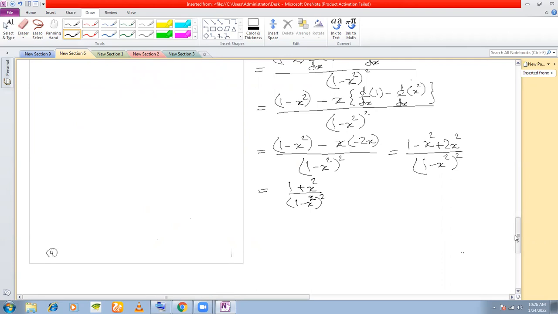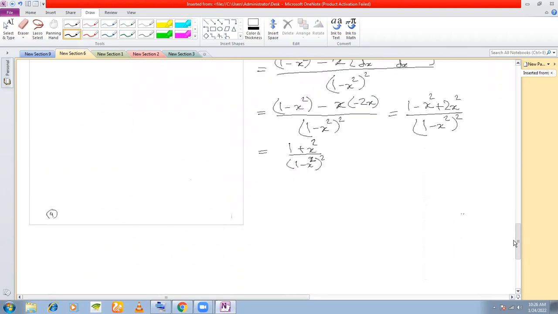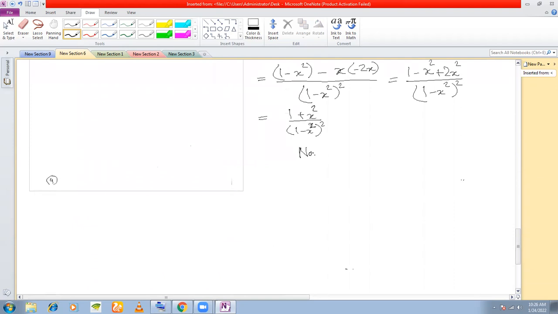Now, what are the points that you need to find out? The value of dy/dx at these points is 1. So dy/dx is equal to 1 means 1 plus x square by 1 minus x square whole square must be equal to 1.